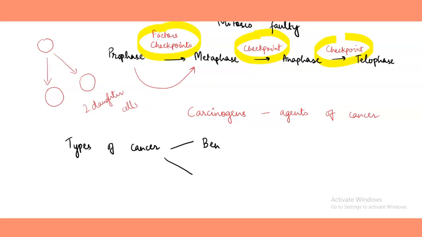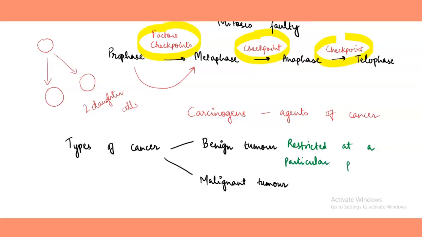It could be a benign tumor, or it could be a malignant one. Benign tumors are the ones which are restricted to a particular place. Means if uncontrolled cell division has happened, but this group of faulty cells, formed because of the faulty process of mitosis, will be restricted. When they are restricted to a particular place, we use the word benign.